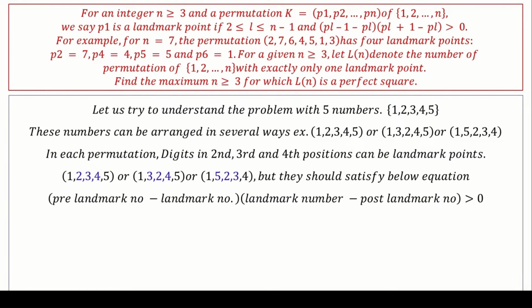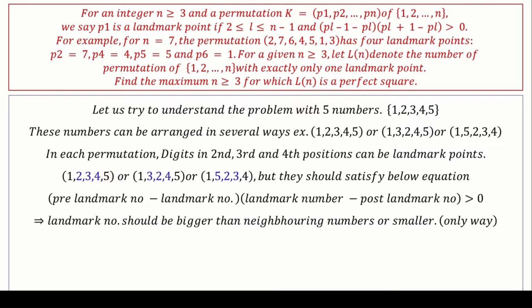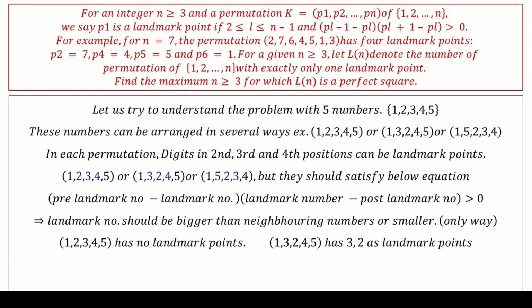The previous number minus the landmark number times the next number minus the landmark number should be greater than 0. So 1, 2, 3, 4, 5 has no landmark points. 2, 3, 4 are eligible, but they are not because one neighbor is less and the other is more. So if you have a continuous sequence, you don't have any landmark point.